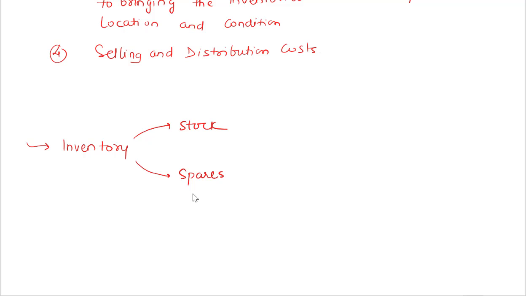Let's talk about inventory of stock. We have it in case of a manufacturer and in case of a trader. In case of a trader, we have only inventory of finished goods.